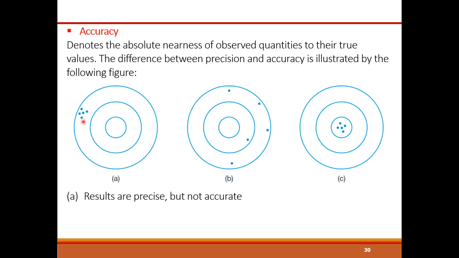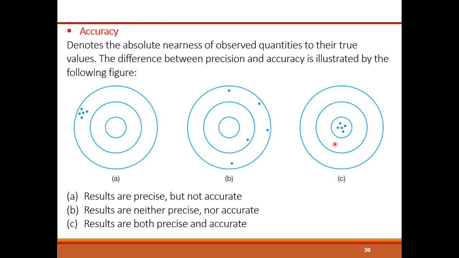If these readings were in the smallest circle, then we could say that these are accurate values. But these are not accurate values, though they are precise as they are very close to each other. In the second figure, results are neither precise nor accurate, and in the third figure, results are both precise and accurate.